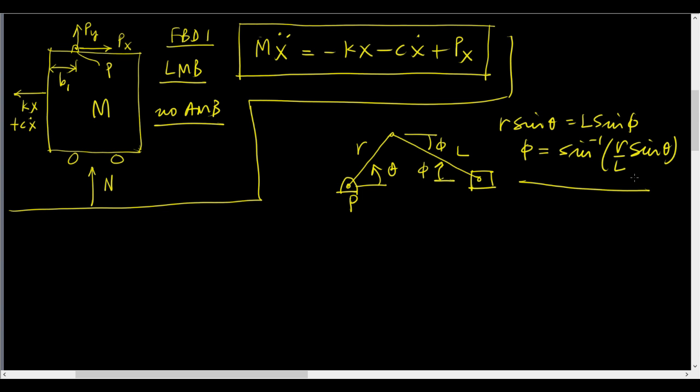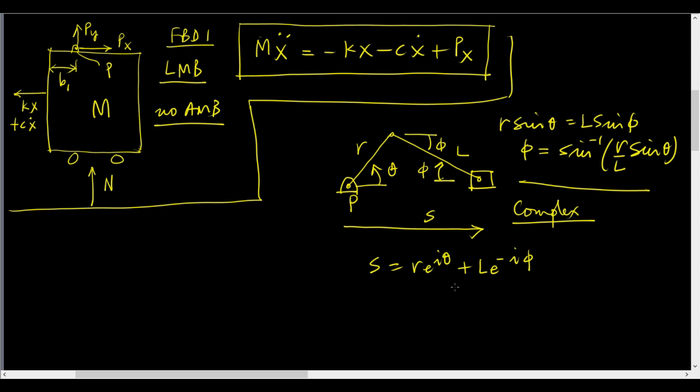Okay. Of course, there is another kinematic thing to write. Our loop equation is, this is S, and in complex notation we write S is equal to R e to the power I theta plus L e to the power minus I phi. Okay, and the imaginary part of that is exactly this, and the real part of that will give us the cosine expressions that we could otherwise have written, but we will work with this.